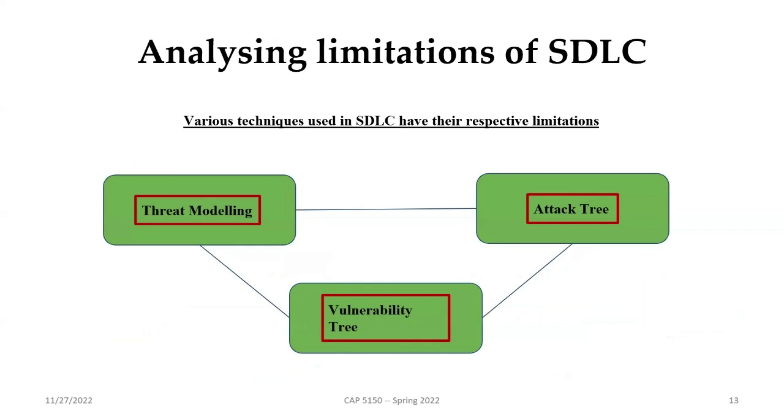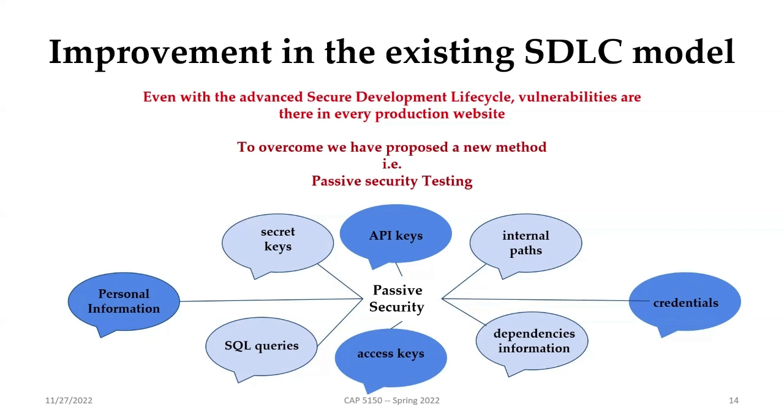There are also limitations of SDLC models. There are three good pillars of the SDLC model, but they also have some limitations. That's why organizations face a lot of problems when adopting SDLC models. We have proposed a new method for the existing SDLC model. The existing SDLC model only focuses on active testing, not on passive security.